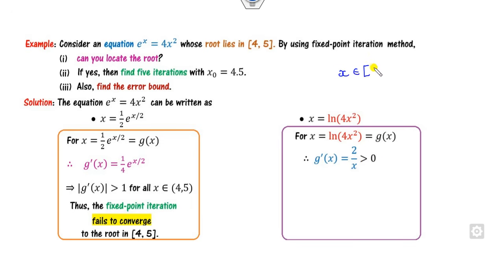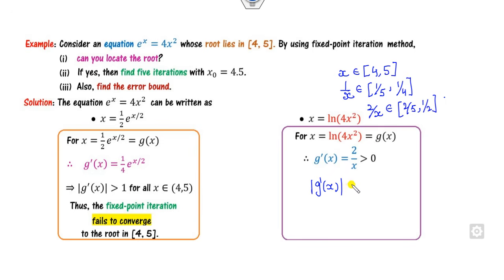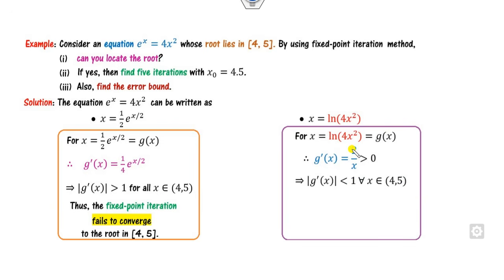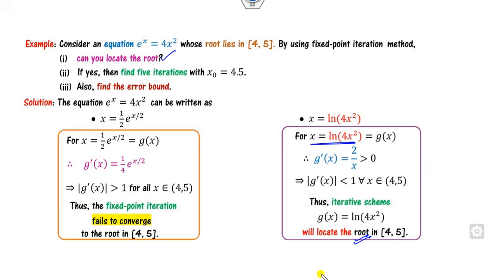Whenever x lies between 4 and 5, 1 over x lies between 1 over 5 and 1 over 4, and then 2 over x lies between 2 over 5 and 1 over 2, and both numbers are less than 1. Therefore mod of g dash, which is mod of 2 by x, is always less than 1 for all x in 4 comma 5. So yes, you can find the root of this, but for this you have to take this as the fixed point iteration scheme. Fine, clear?